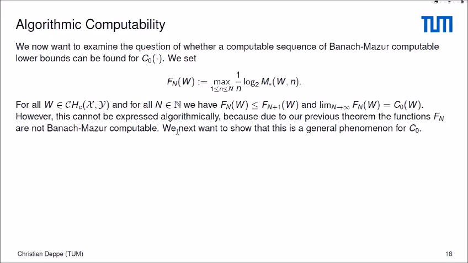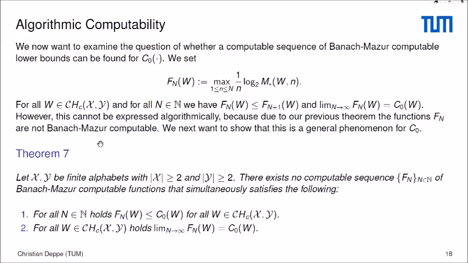We next want to show that this is the general phenomenon of the zero error capacity. So our next theorem says, again, we look at input and output alphabets of cardinality greater or equal to 2.